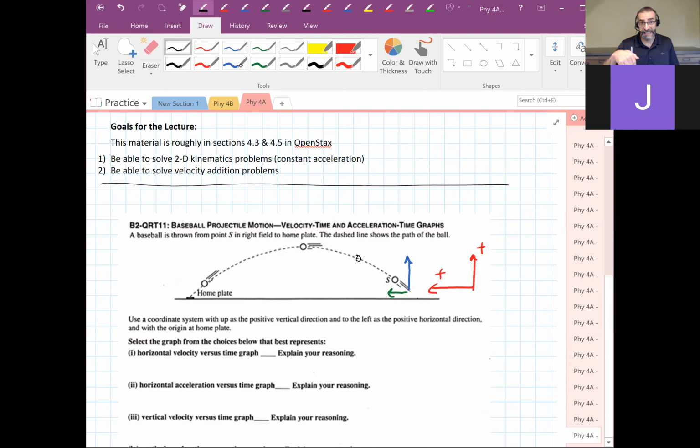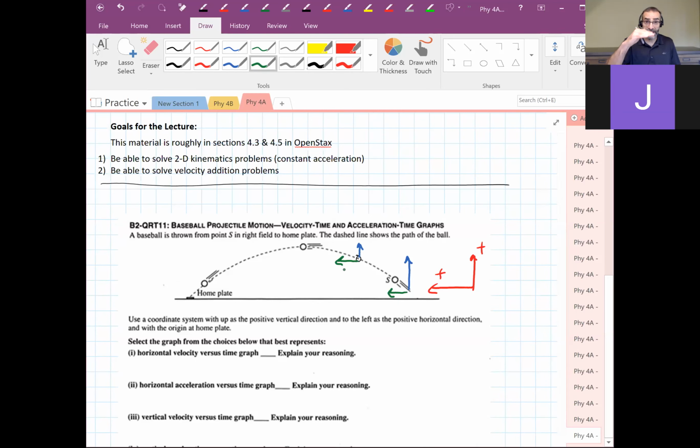Because gravity is acting on it in the vertical direction. So we have a smaller vertical velocity, but in the x direction, what's happened? Nothing. There's no force acting on it in the x direction. So its velocity in the x direction remains the same, has the exact same velocity in the x direction that it had when it left your hand.